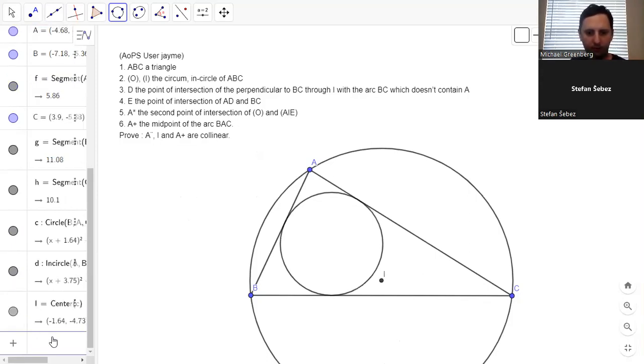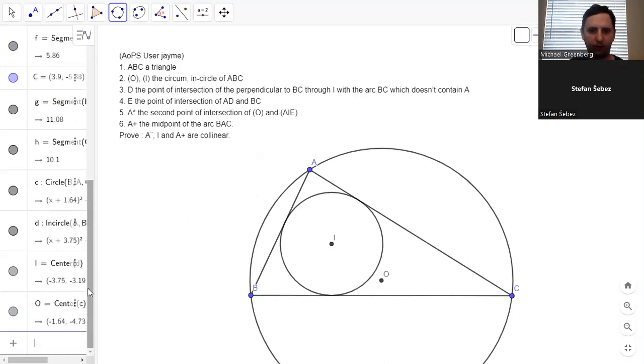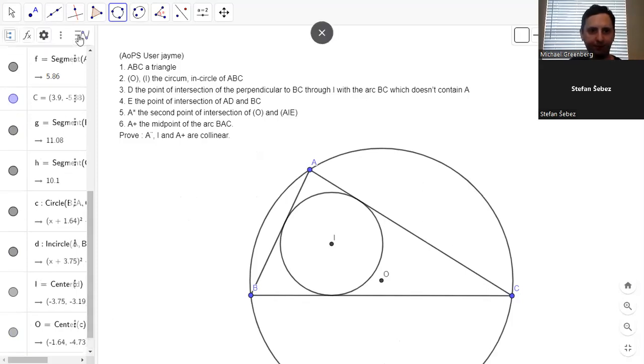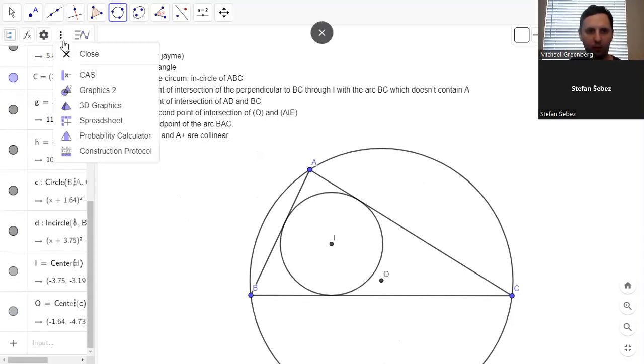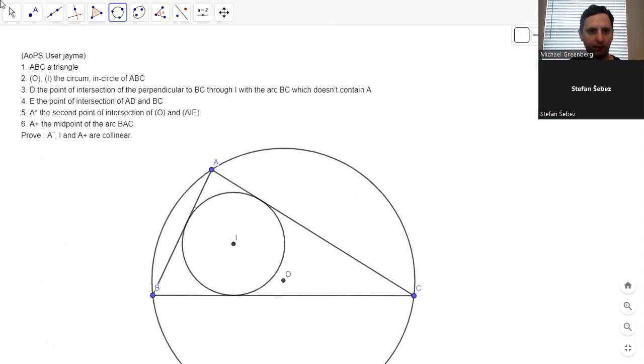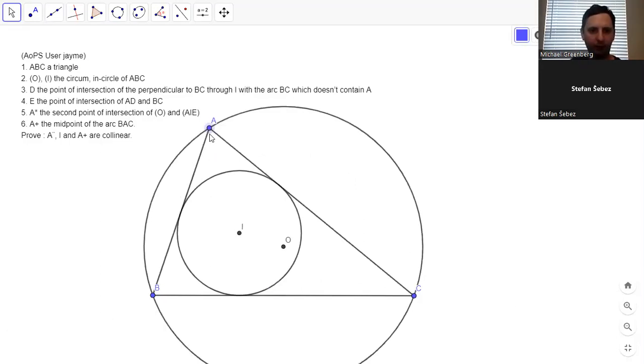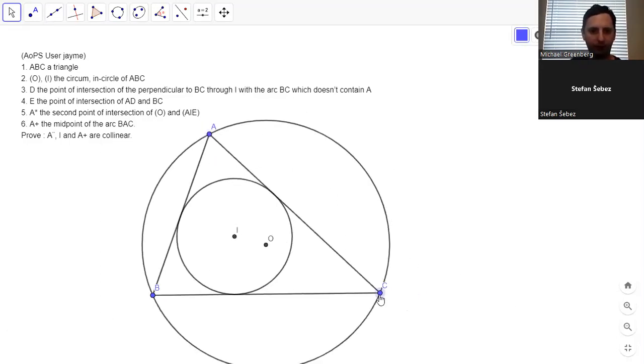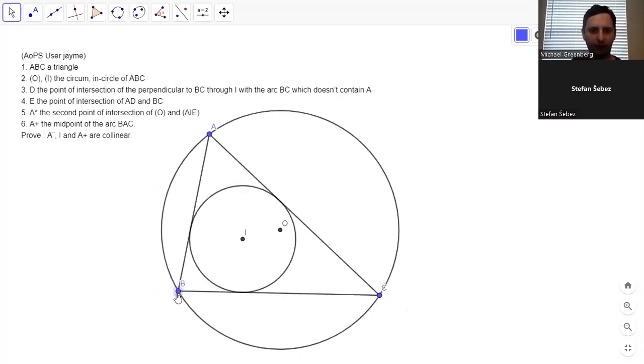I'll just draw it because I just did. Why not? Then we take the perpendicular to BC through I. That passes through the tangency point. And we want to see where it intersects the arc BC, which doesn't contain A.